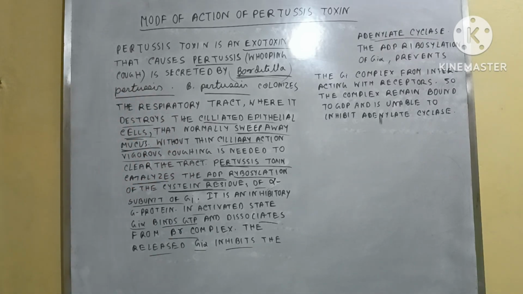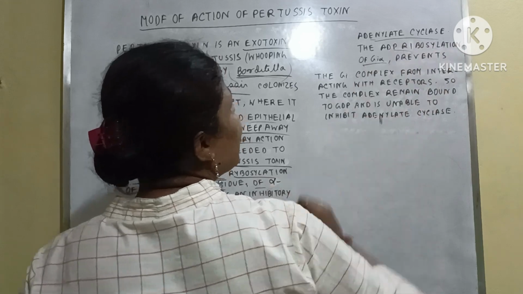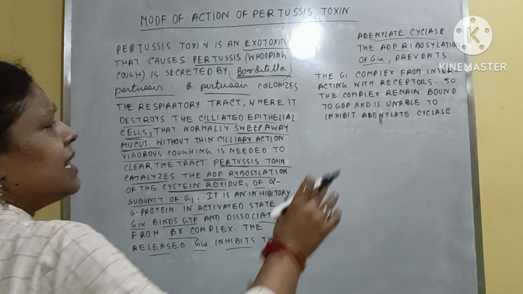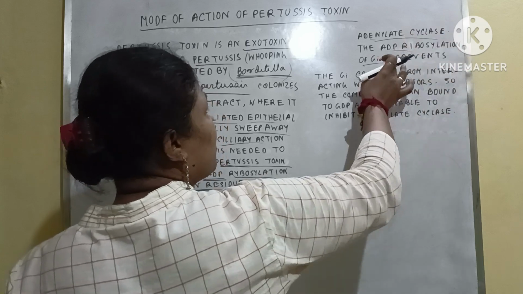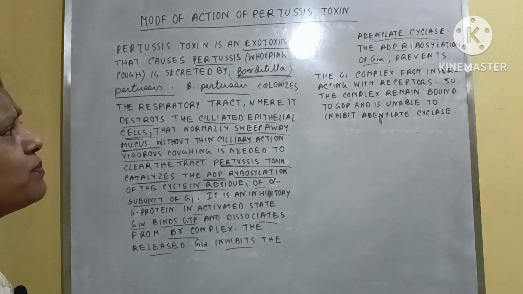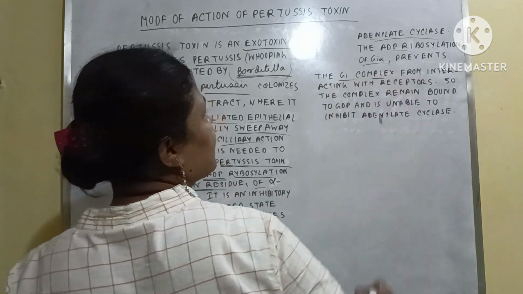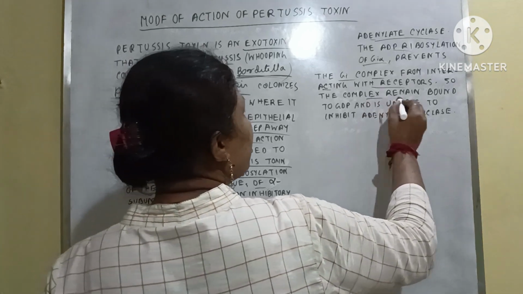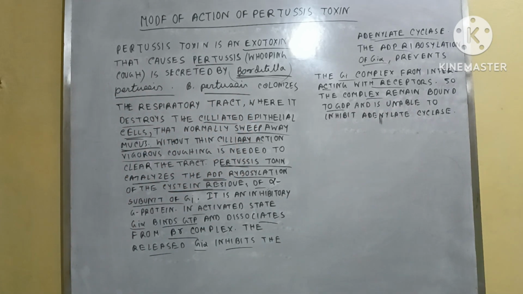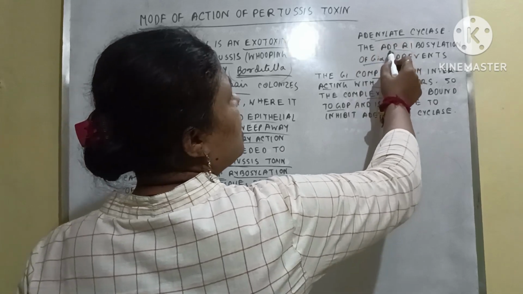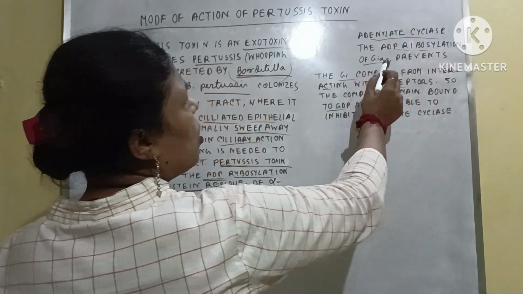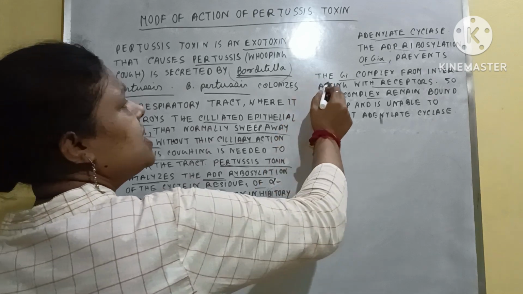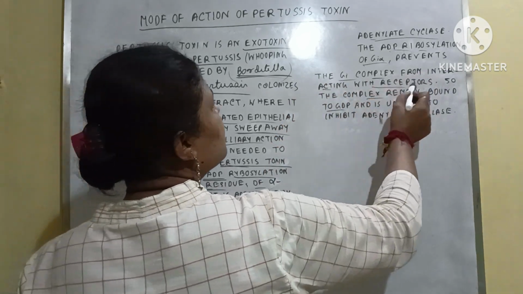But what happens when the infection is occurring within the respiratory tract? Then the ADP ribosylation of Gi alpha prevents the Gi complex from interacting with the receptors.